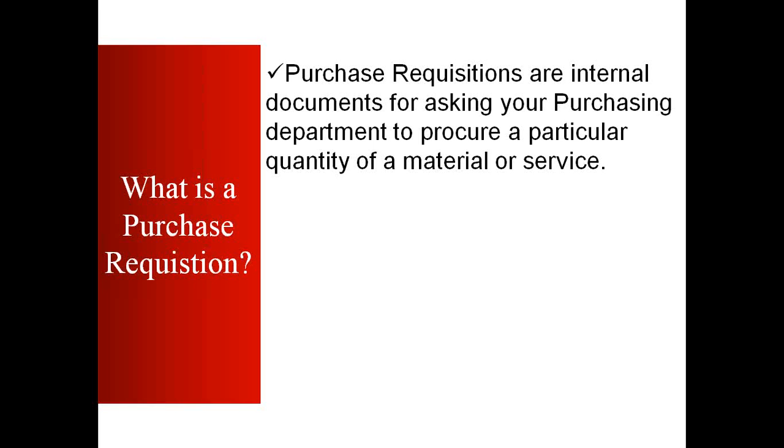If I say yes, then I will find the right vendor for that, and then I will convert that to a purchase order, and the purchase order will be sent to the vendor for the procurement. So basically all the plant people will be creating a request that we need to procure this service or this material. This is known as a purchase requisition, just a request.